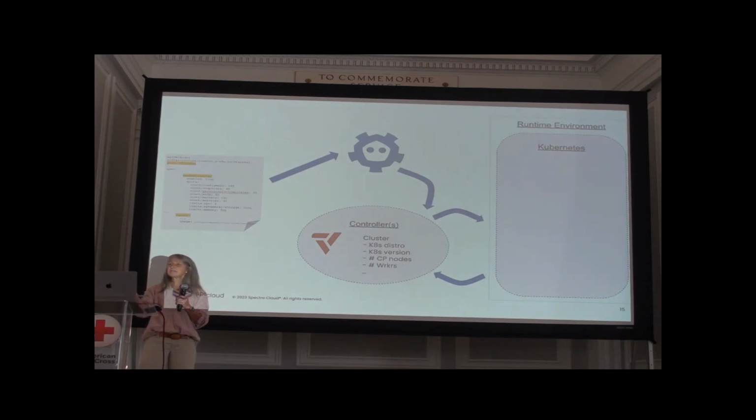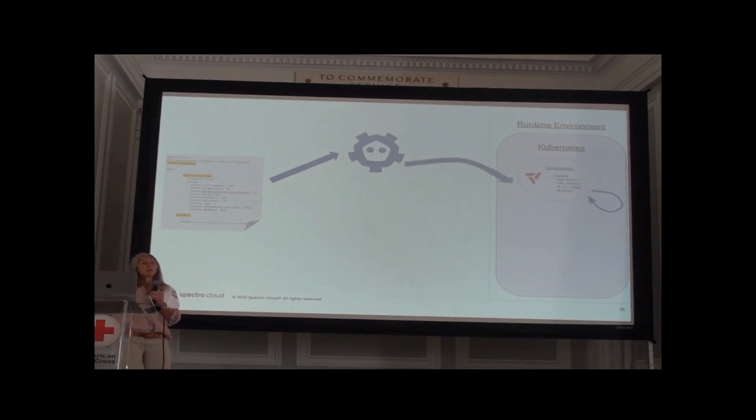Well, it's Kubernetes itself. So I'm starting with the Kubernetes environment, and I'm adding to it this vCluster capability. So this controller is actually running inside of that Kubernetes cluster. So the pattern is the same, but I wanted to show you where that controller is running.